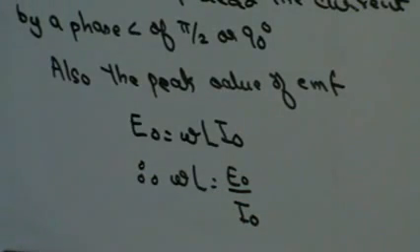Now let's divide numerator and denominator by root 2. Therefore omega L is E0 by root 2 divided by I0 by root 2. So omega L is E upon I, that is E RMS upon I RMS.